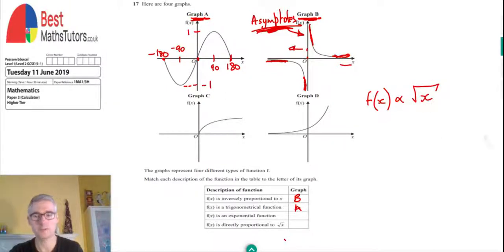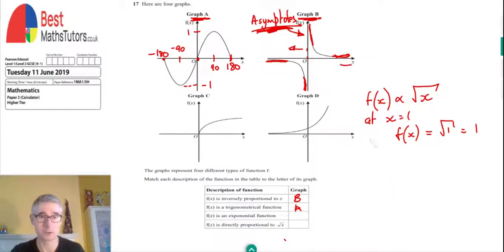So let's look at a couple of values. So we could say, well, if x is 1, then we can see that we'd be saying f of x is equal to the square root of 1, which is just 1. So we can see that f of x equals x at that point.